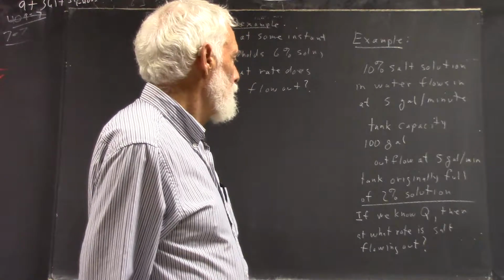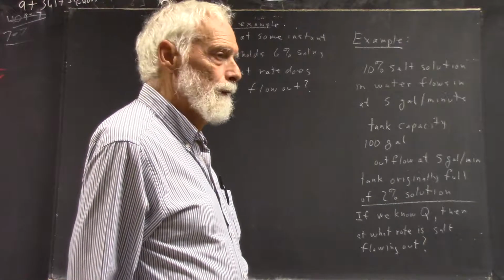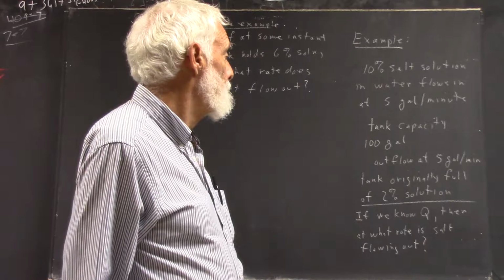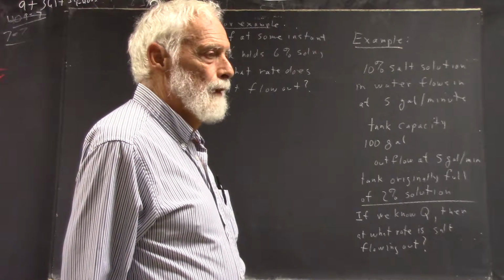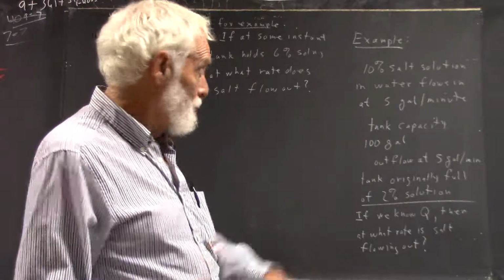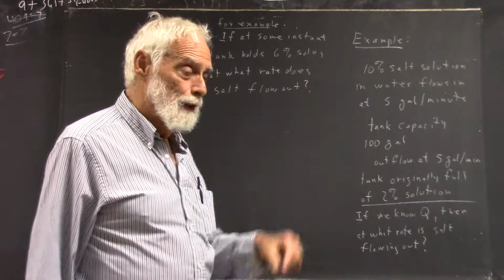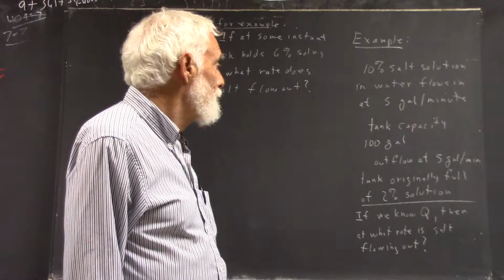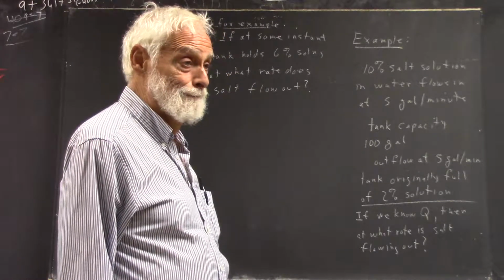And 1.5 times 5 is, or 0.1 times 5. Well, you don't have to worry about the arithmetic. You should do it in your head, then check it with a calculator if you need to, okay? But 6% of 5 is 0.3, right?